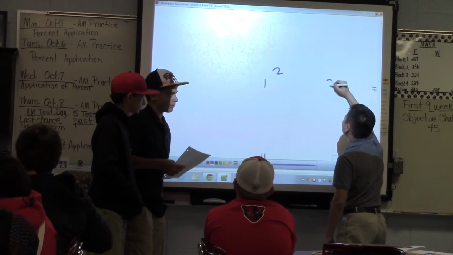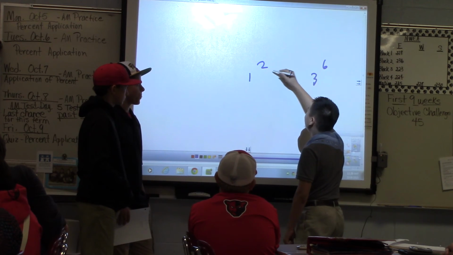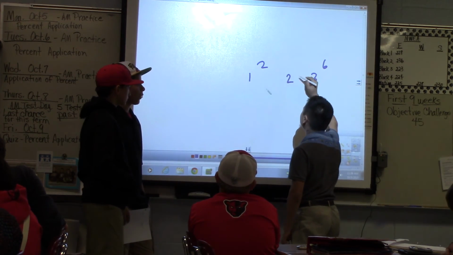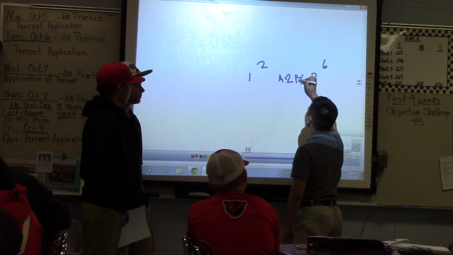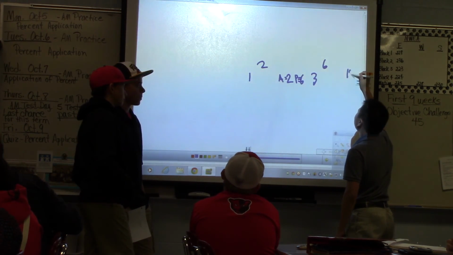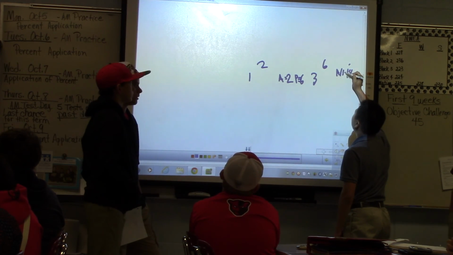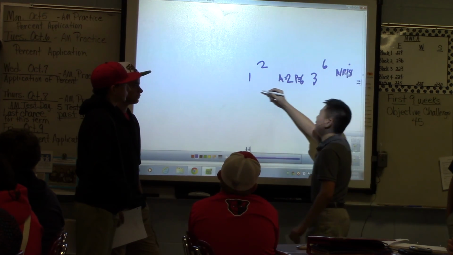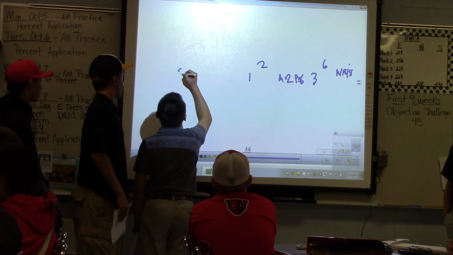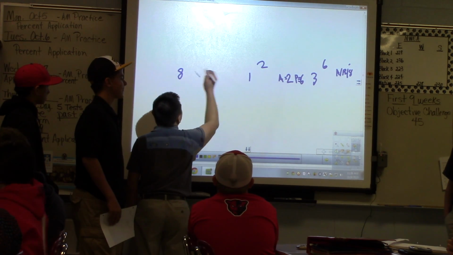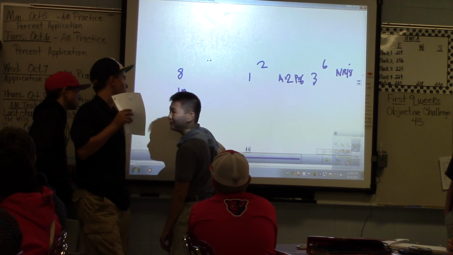I did 3 and 6. Their area was 2 and their perimeter was 6. My area was 18 and the perimeter was also 18. And for the doubled one, their area was 8. Their perimeter was 10 or 12.